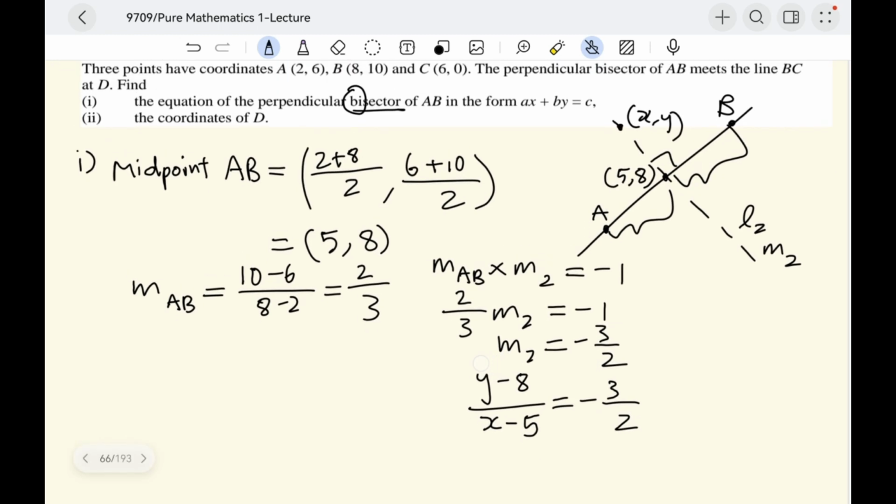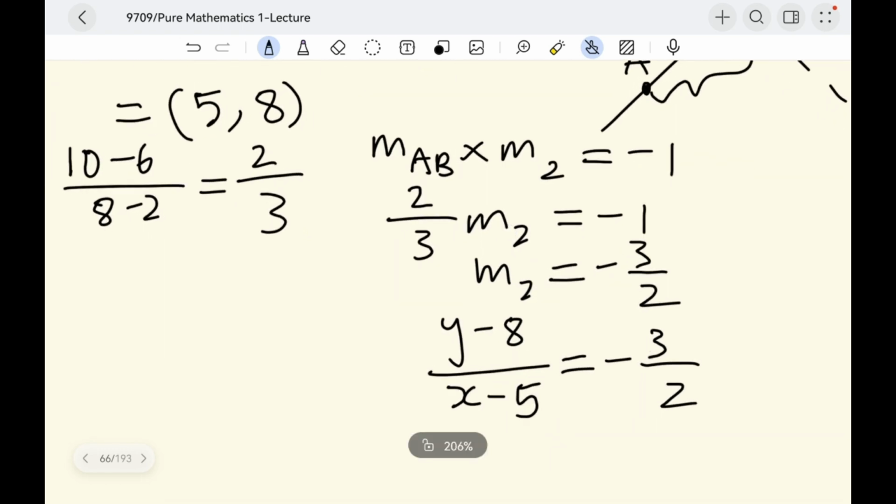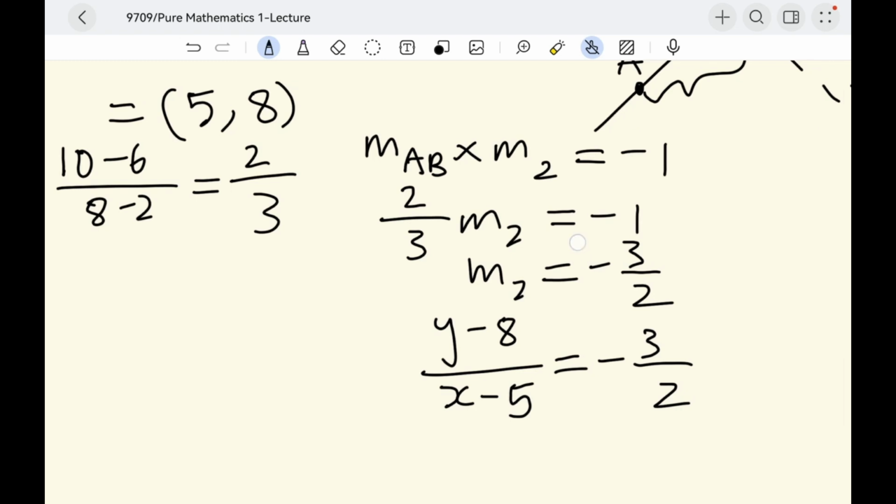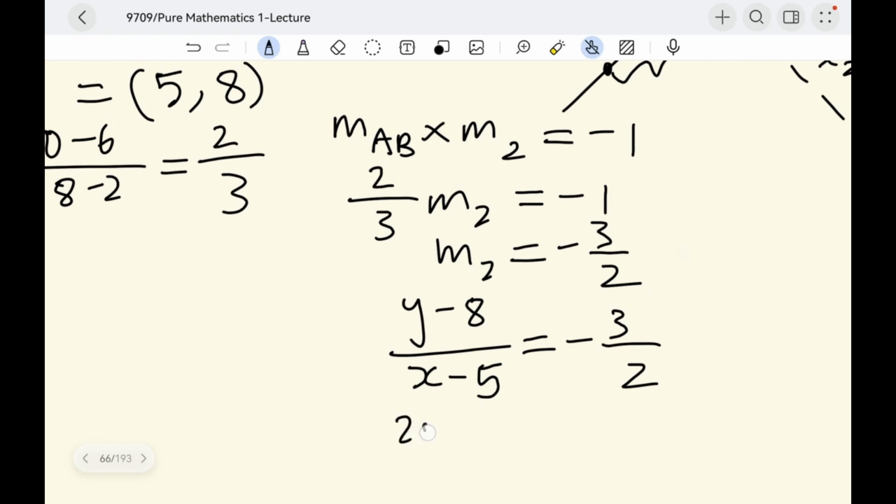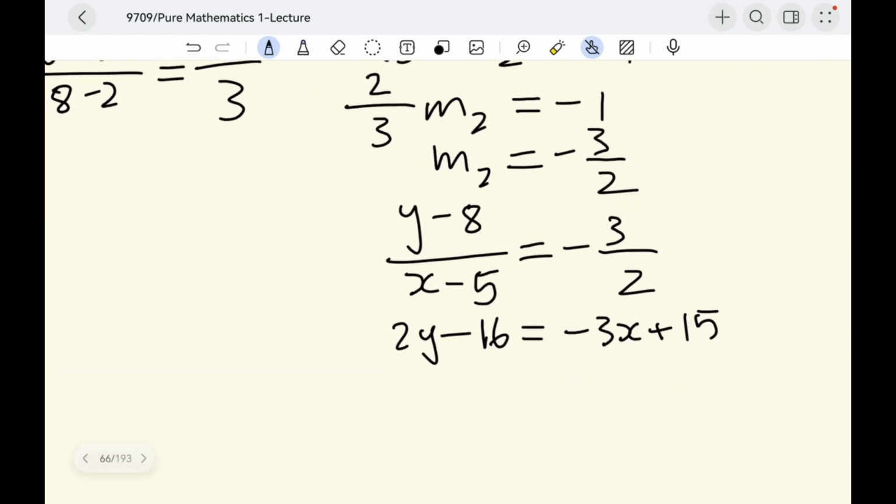So the question wants you to give it in this form. So I may multiply by 2 and multiply the term x minus 5 on both sides of the equation. So I have 2y minus 16 equals -3x plus 15. Okay, so I have 3x plus 2y equals 31.